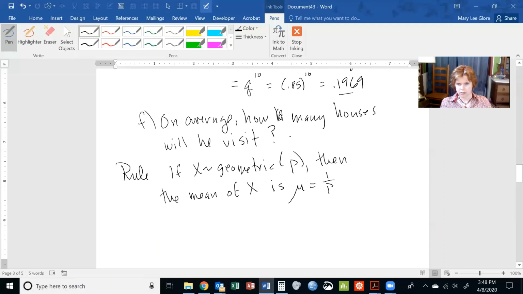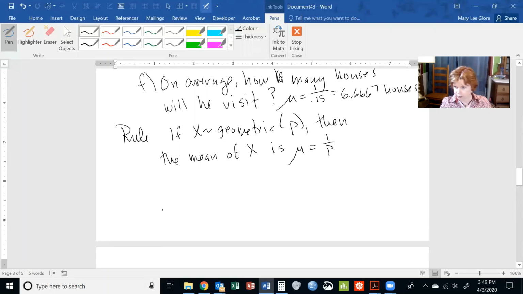So here, on average, how many will you visit? The mu would be equal to 1 over p, which was 0.15, and this is 6.6667, however many decimal places you want, houses. So on average, you'd have to visit somewhere between 6 and 7 houses in order to make a sale.